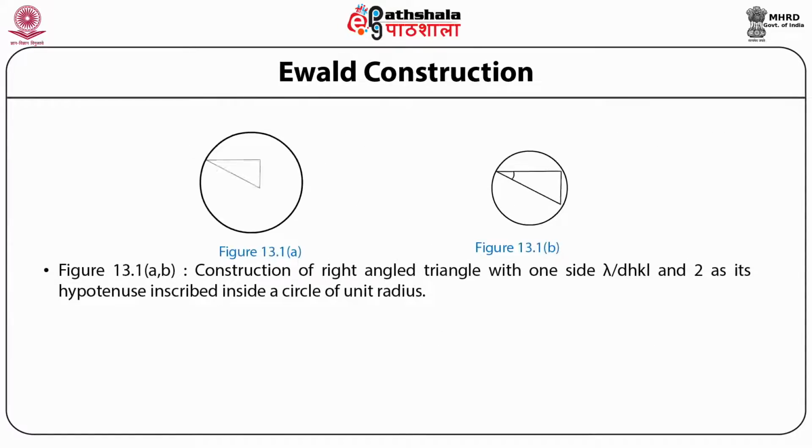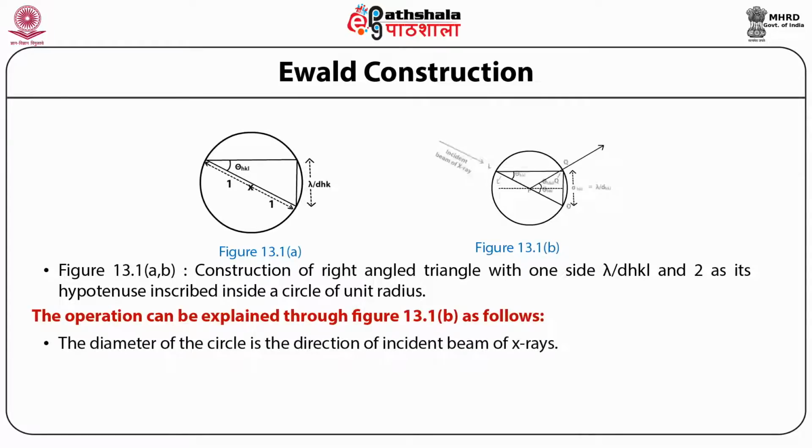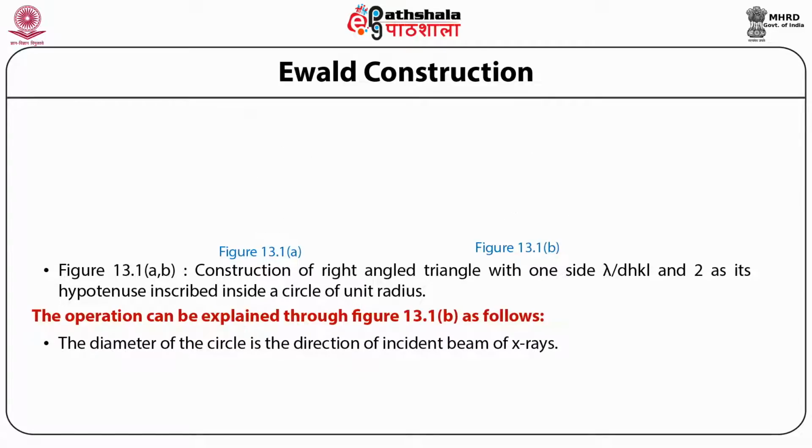Figure 13.1 shows a construction of a right-angled triangle with one side lambda by d HKL and 2 as its hypotenuse inscribed inside a circle of unit radius. The operation can be explained through figure 13.1b as follows. The diameter of the circle is the direction of the incident beam of X-rays.